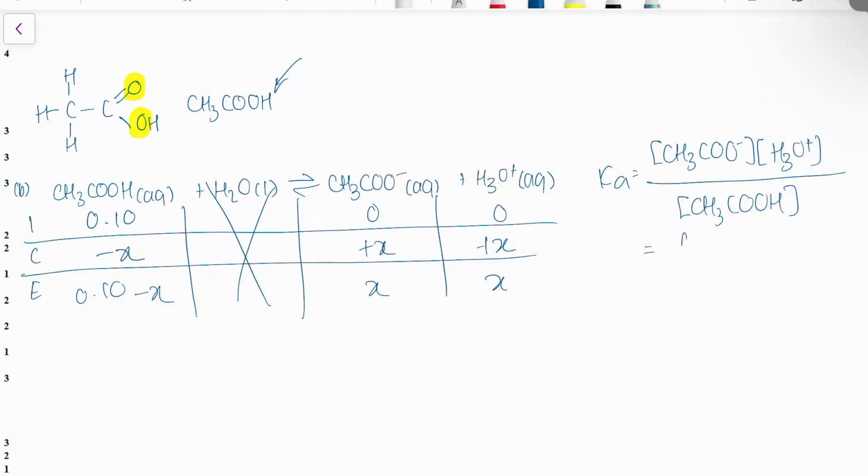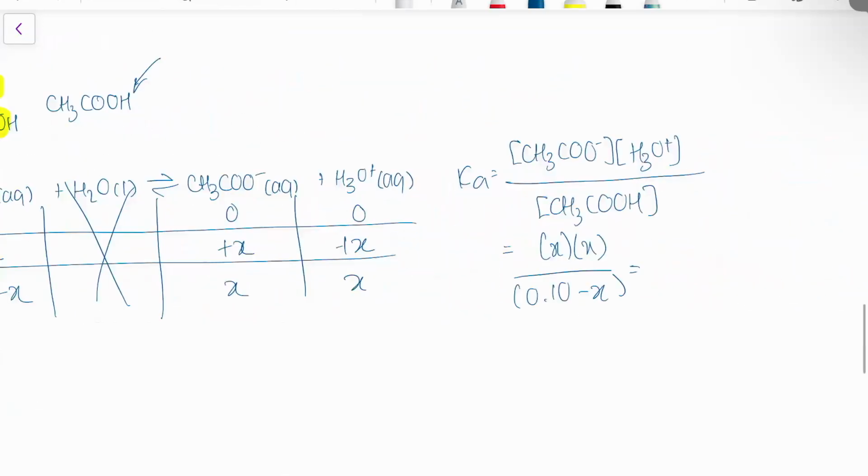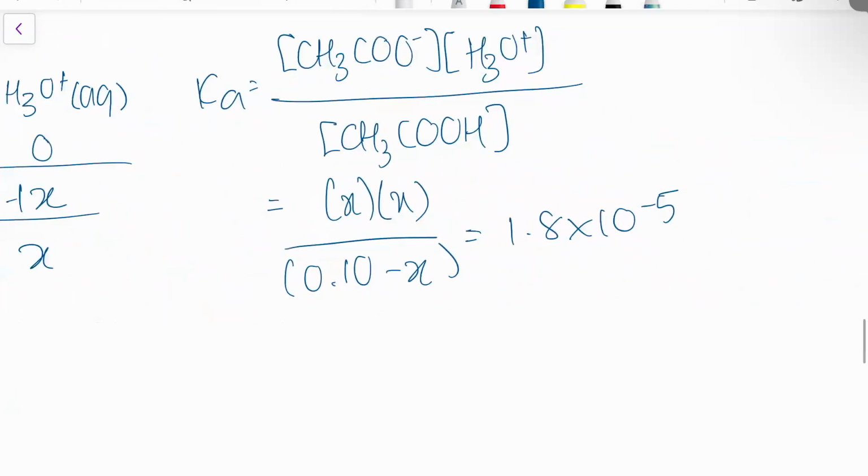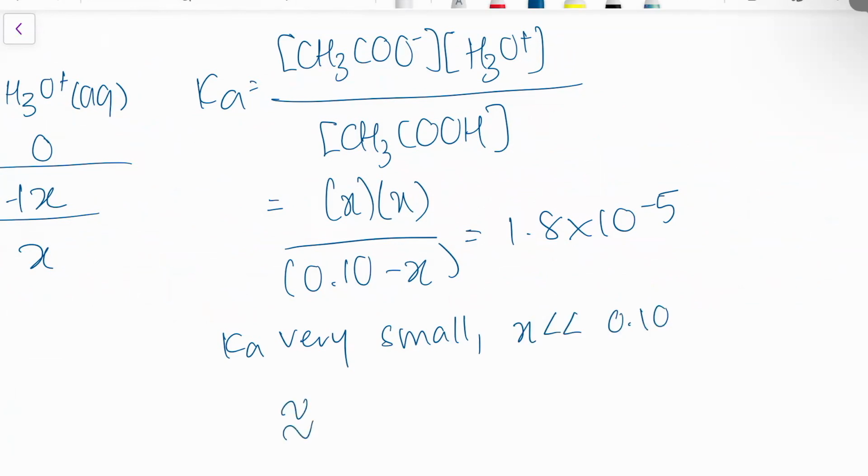That's x and x on 0.10 minus x is equal to the Ka they've given me, which in this question is 1.8 times 10 to the minus 5. Assuming again, Ka very small, therefore x is way smaller than 0.10. So this is approximately just x squared on 0.10 is equal to 1.8 times 10 to the minus 5.